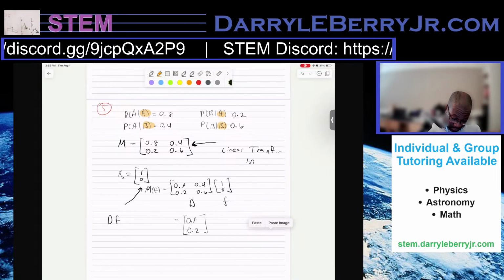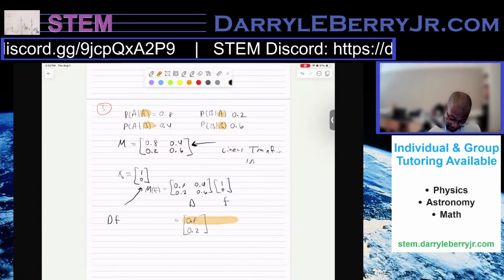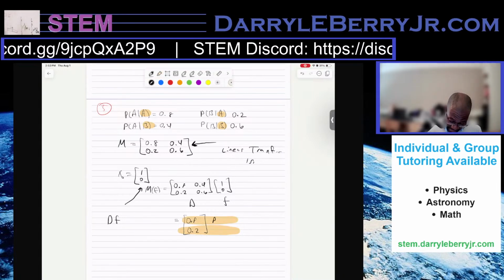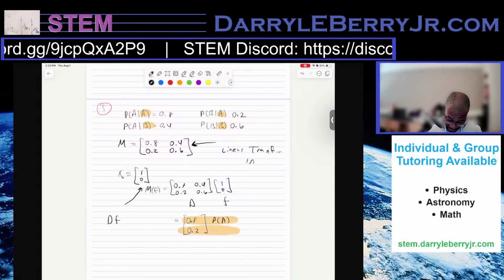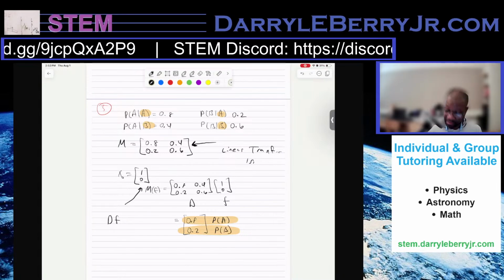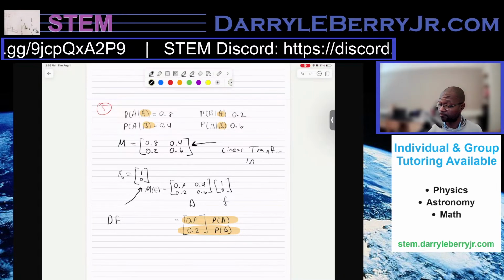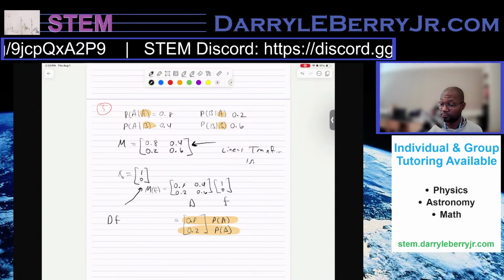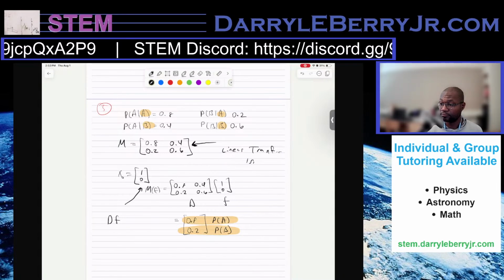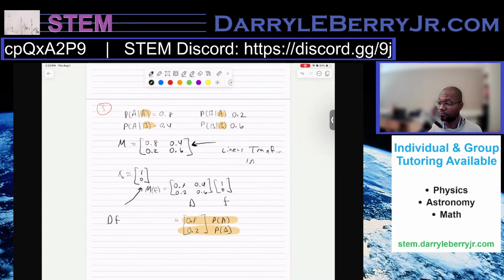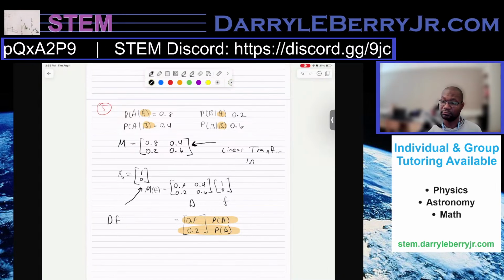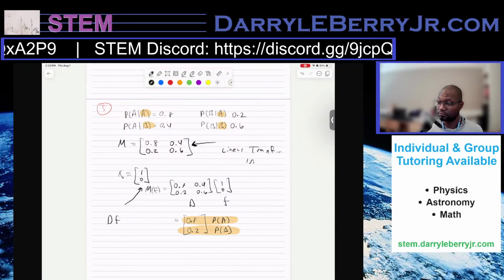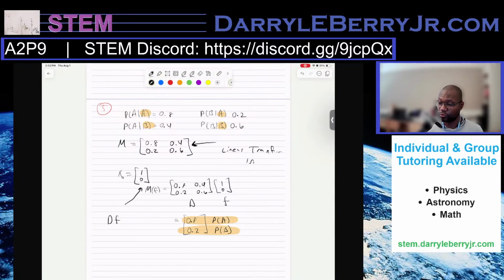So this will be the probability for A, and this will be the probability for B. So the probability that it is in A is 0.8, and the probability that it is in B is 0.2. All right, any questions? Pretty straightforward.